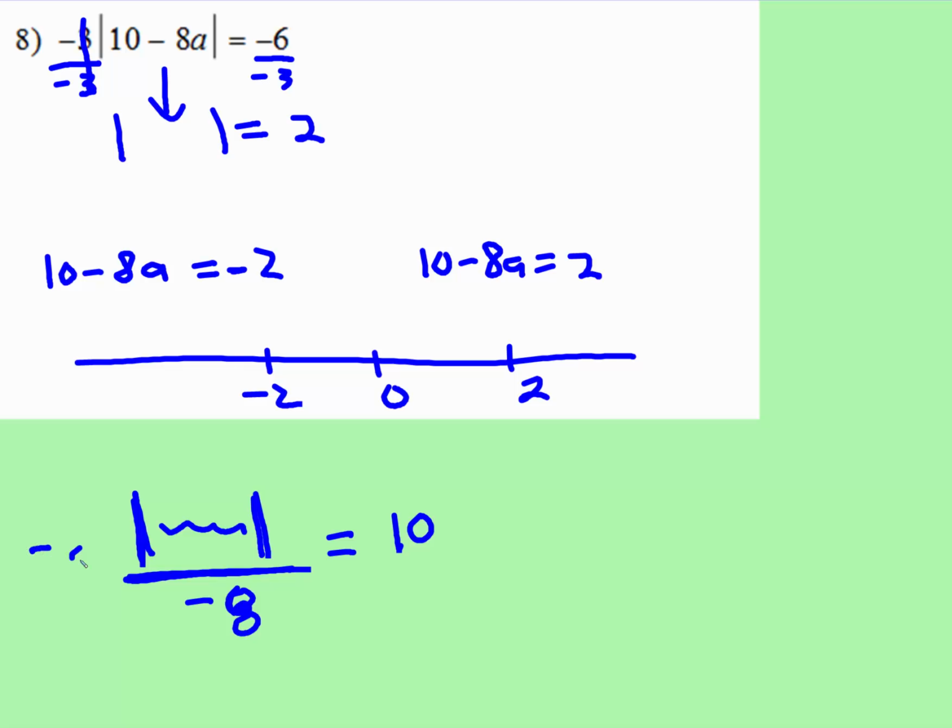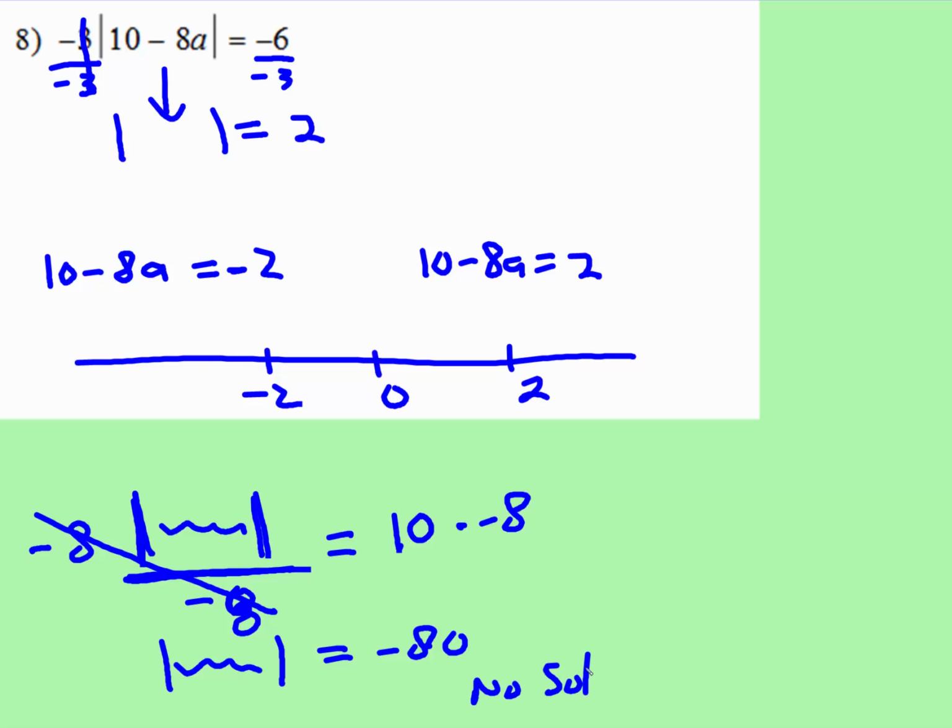To cancel the dividing, you'd multiply negative 8 times negative 8, and now you'd have an absolute value equal to negative 80. No solution. So be really careful when you're solving these. As soon as you get it down to absolute value is equal to something, if that something is negative, your answer right away will be no solution. All right, that's it for absolute value.